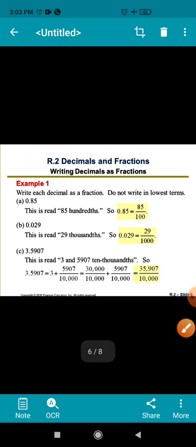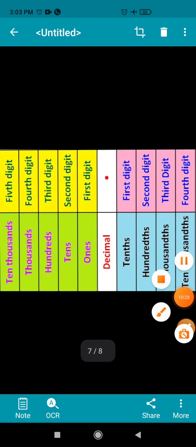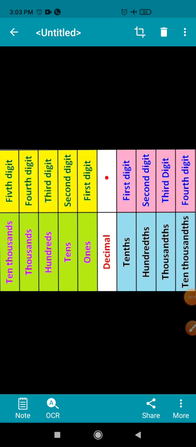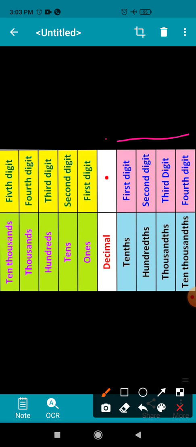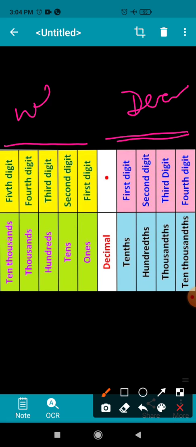Children, here in this picture you can see this is a right side and this all are decimal numbers, and this is a left side, these are whole numbers. And whole numbers are read together, and the decimal numbers are read separately.